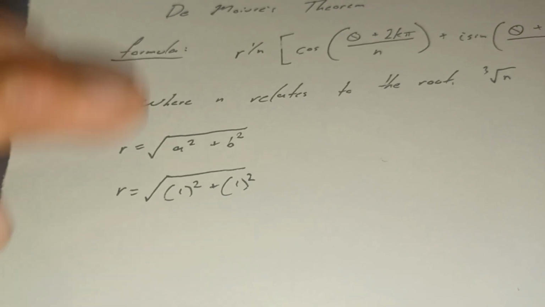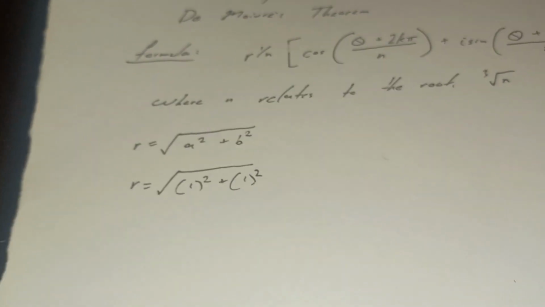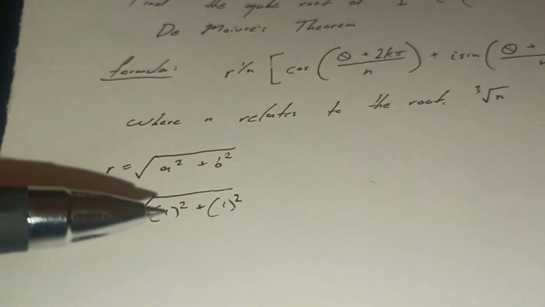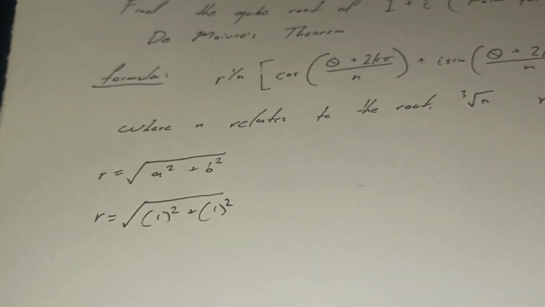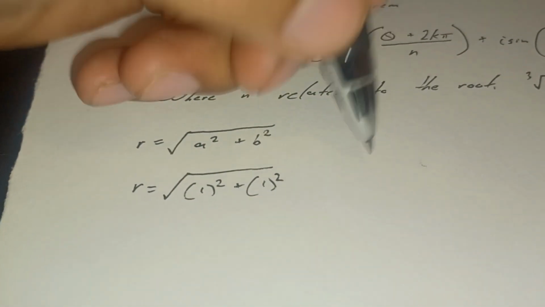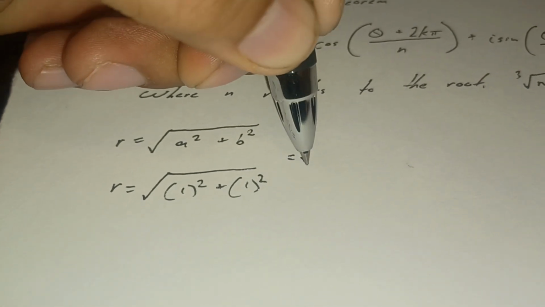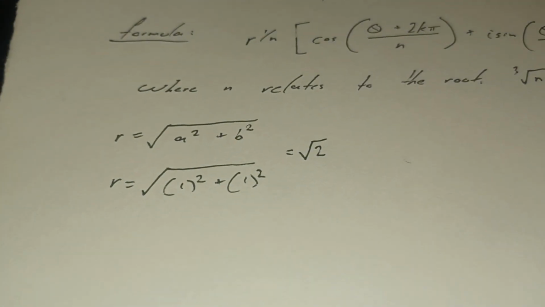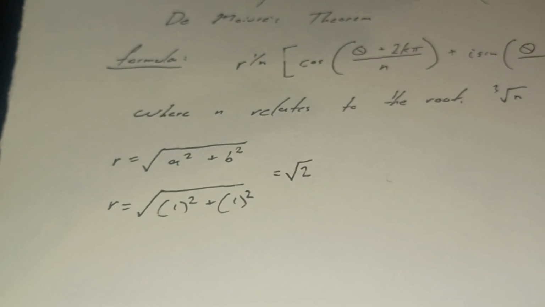So that is going to give you your r value. 1 to the second power is 1, plus 1 to the second power is 1, and the square root of 1 plus 1 is the square root of 2. And 2 is not a perfect square, so we're just going to leave it as the square root of 2. So that's our r value. We found our r value.